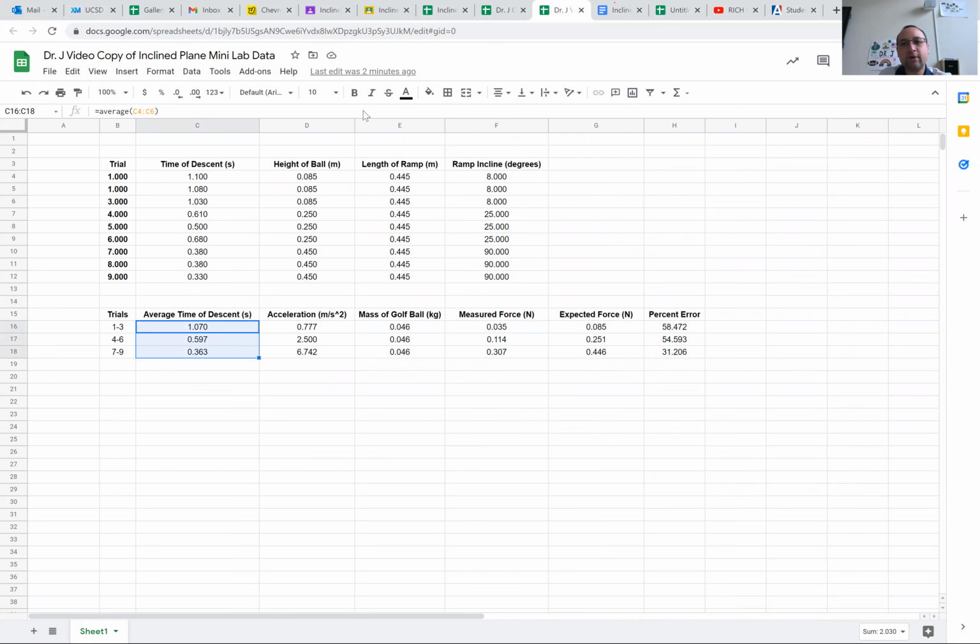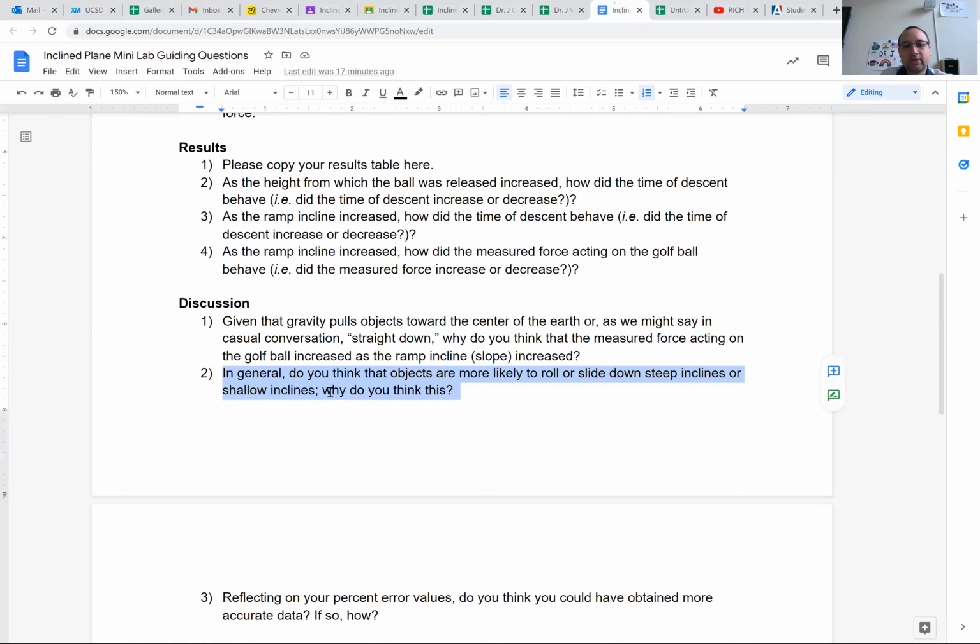So you have data that can allow you to speculate about how your data might relate to all of the data in the world, right? And there's really no good reason for you to think that the steeper the incline, the slower the descent would be. Okay, so you know from your data and from your experiences in the world, right, that the steeper the slope, okay, the faster the roll. Your data backed this up. Okay, reference your data to answer this question.